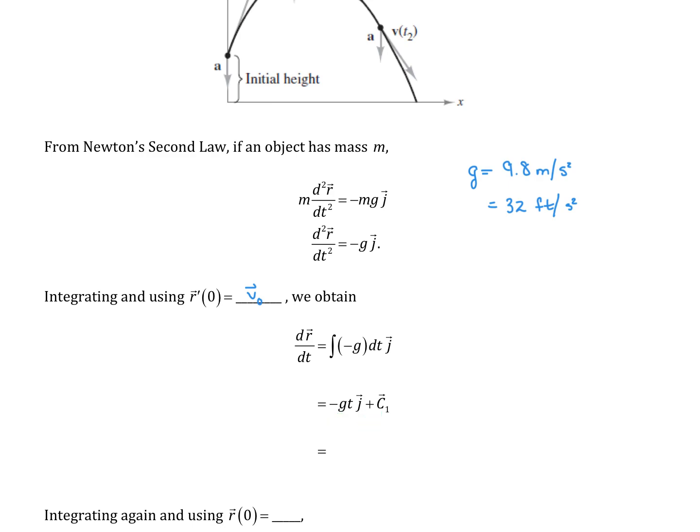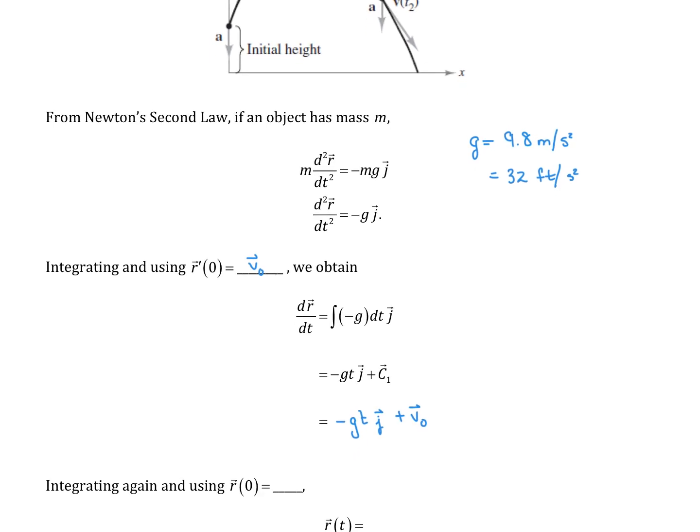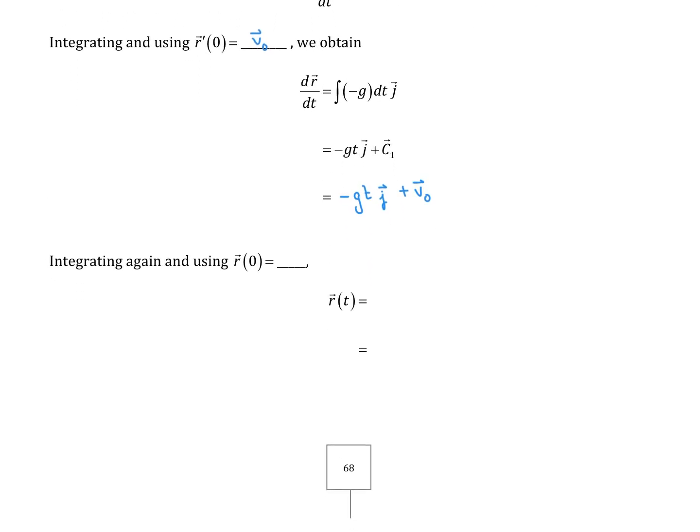So r prime of 0 would be just v naught. And so we have negative g t j hat plus v naught. And we've said that the initial position is h naught j hat.